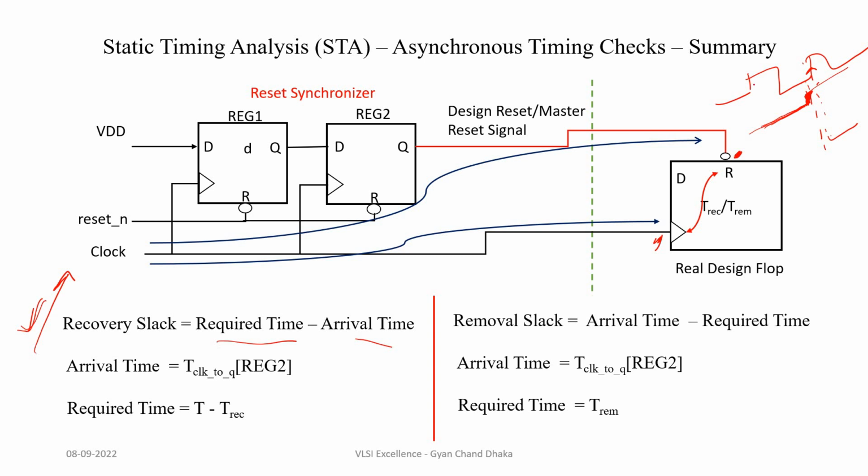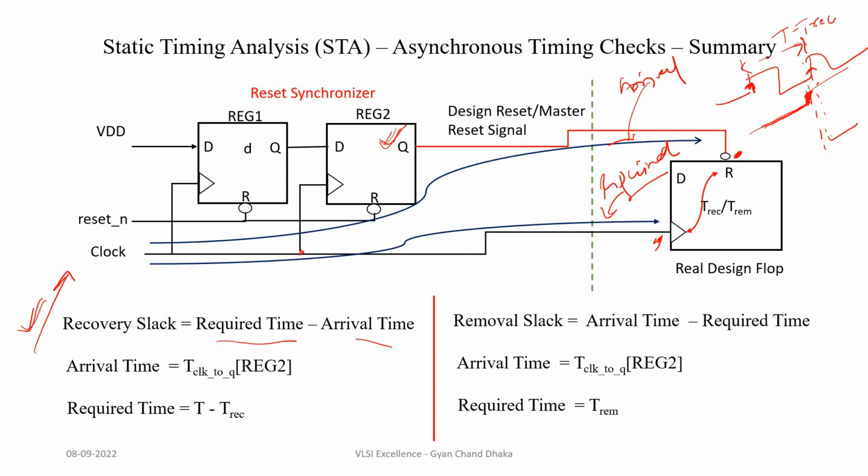The reset for our design flip-flop is launched by this flip-flop. So the required time here will become, this is our clock period, T minus T recovery. And what will be the arrival time? This is our arrival path, and this is our required path.